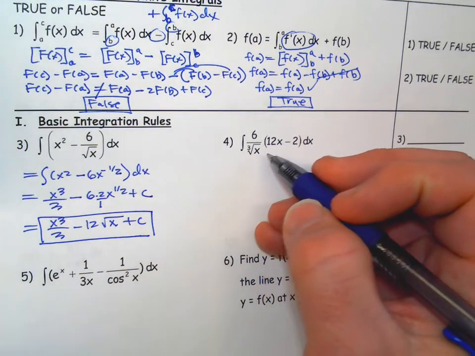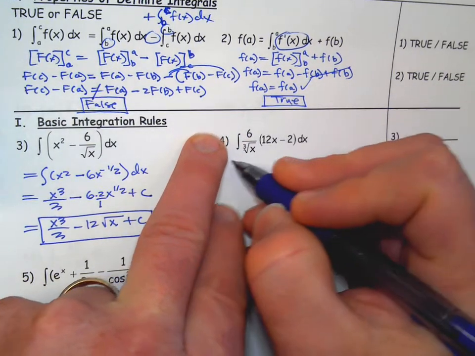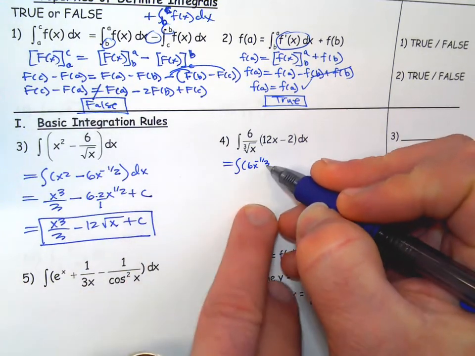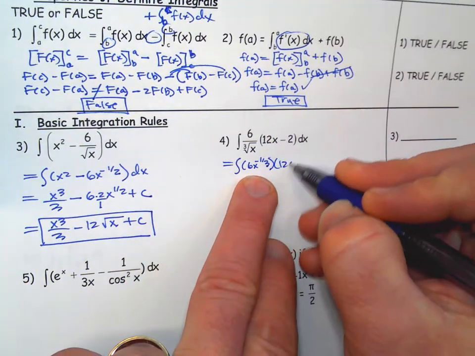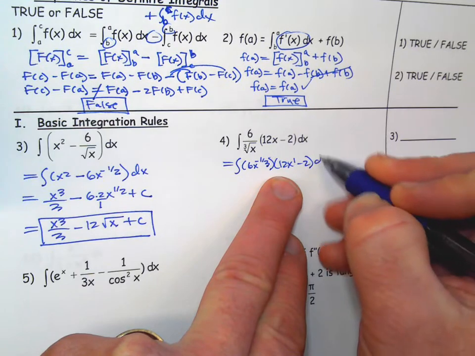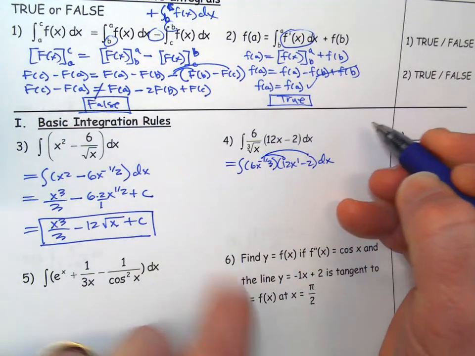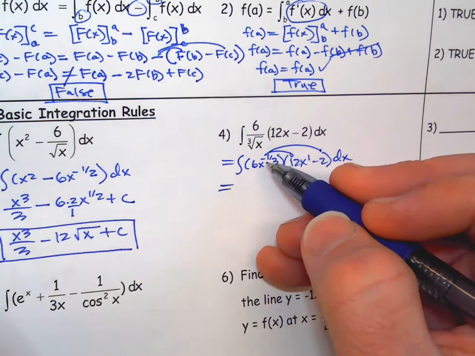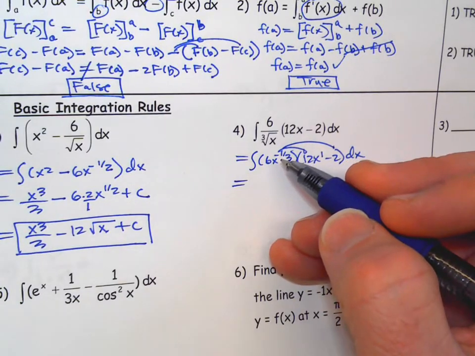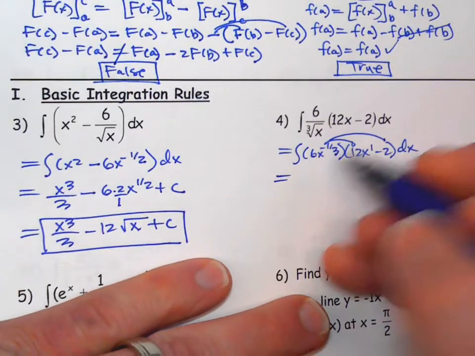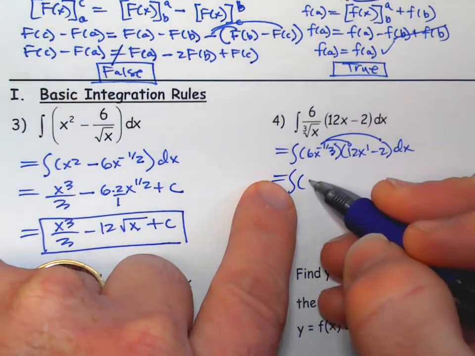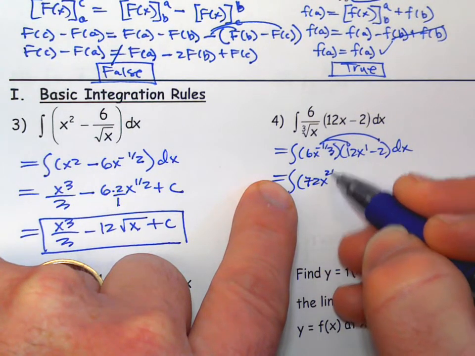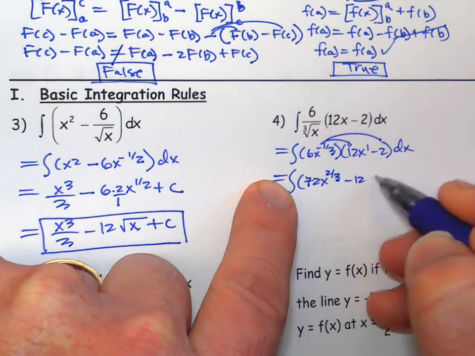Okay, next one. Now this one I'm going to want to distribute, but before I do that, I'm going to change it to 6x to the negative 1/3. And that's x to the first. So I'm going to distribute this in here, rules of exponents. So we're going to get 6 times 72x to the positive 2/3 minus 12x to the negative 1/3.